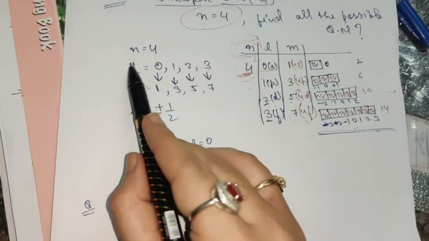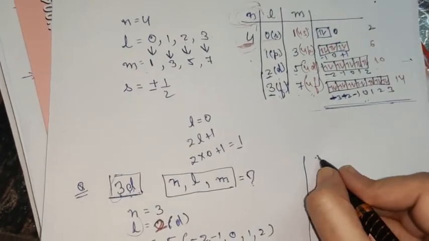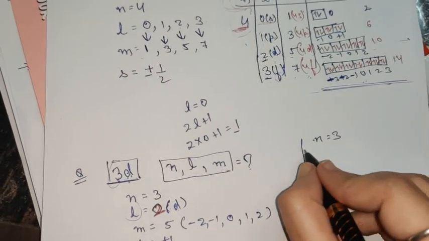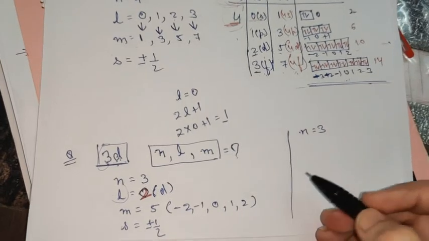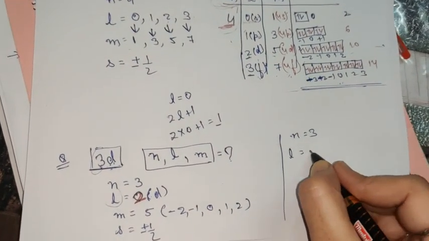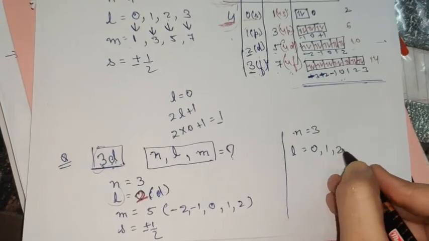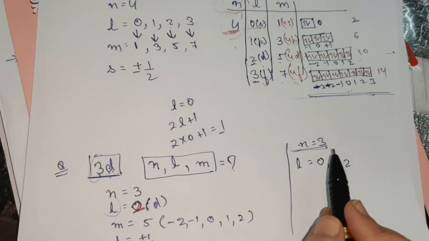Suppose the question is given like this: the value of n is 3 and you have to find all the possible values of quantum numbers. Then you will mention that the value of L will be 0, 1 and 2. Why? Because in this case it is not mentioned which subshell is being talked about.